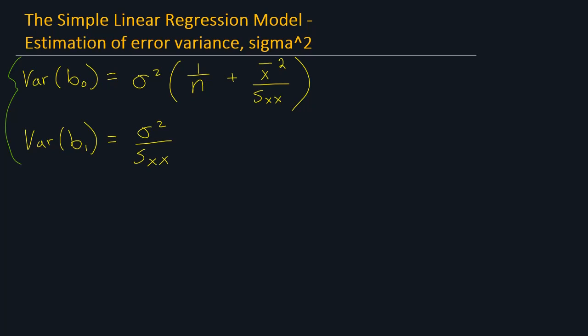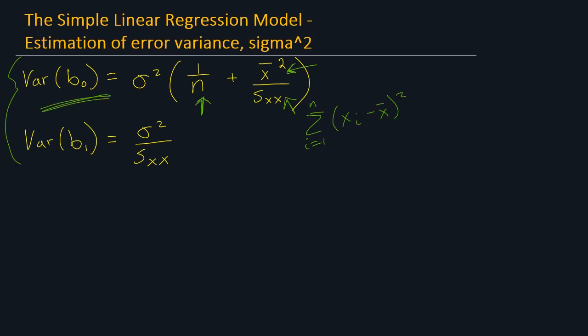We can figure out what n is, the sample size. X bar is the mean of the x's. This term is the sum of the squared differences from the mean of x, so we can figure that out, and we can calculate the variance of B0.